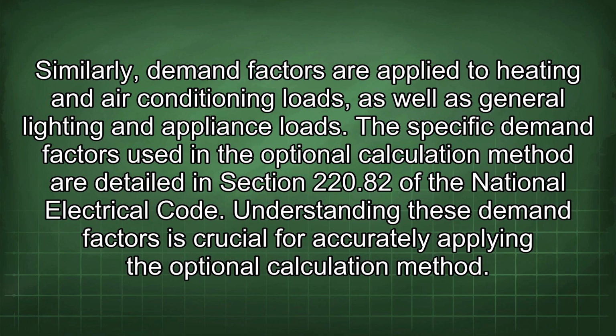Similarly, demand factors are applied to heating and air conditioning loads, as well as general lighting and appliance loads. The specific demand factors used in the optional calculation method are detailed in Section 220.82 of the National Electrical Code. Understanding these demand factors is crucial for accurately applying the optional calculation method.